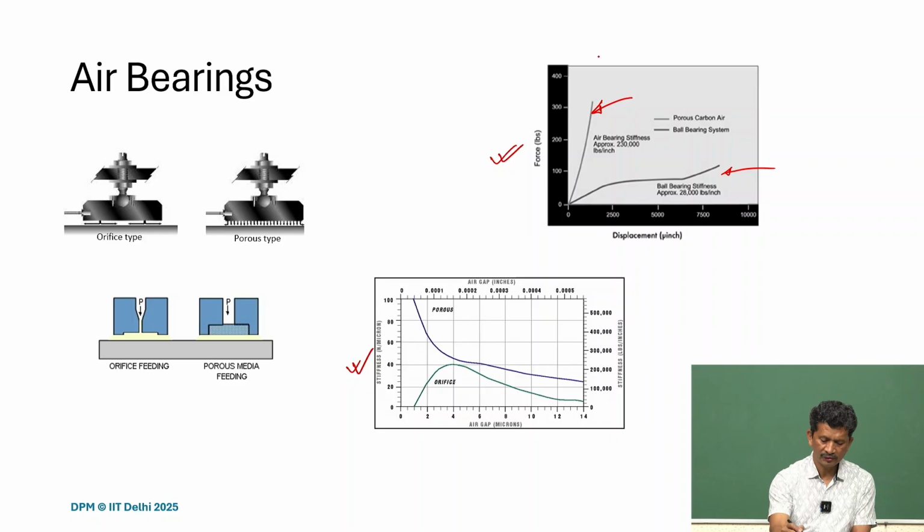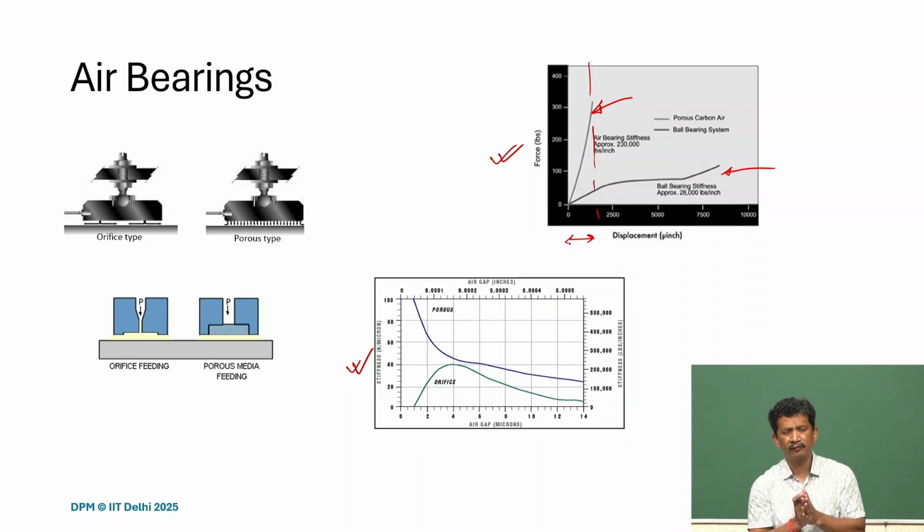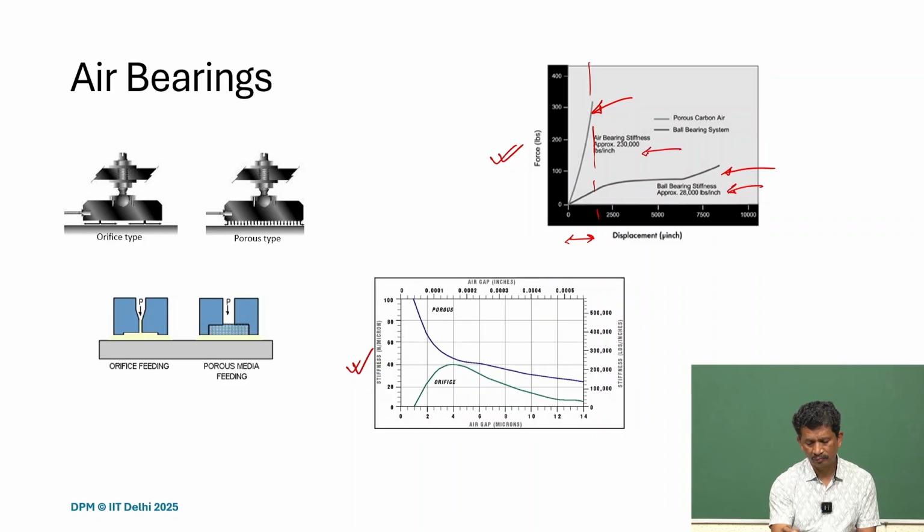In the operating range, of course, the operating range for this kind of air bearing is very small, and within that range, the load bearing capacity is very high, and is way higher than the ball bearing. And the stiffness is also very high. So here the stiffness is also mentioned. But mind that the working range is really small.